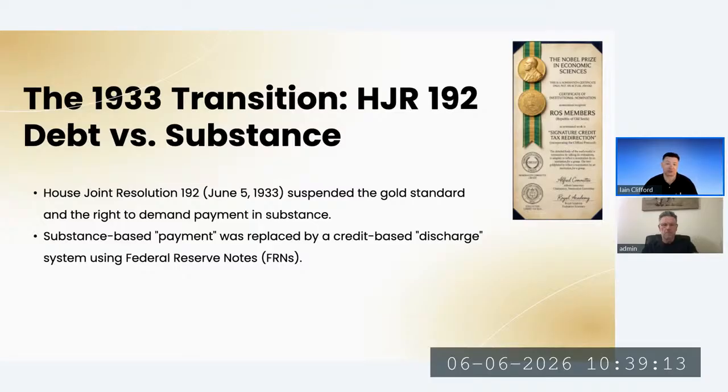You're actually depositing your energy onto this artificial monopoly board through your signature, which is why I call it Signature Credit Tax Redirection. And it all starts with the bankruptcy of the United States on June the 5th, 1933. You can go and have a look at it.